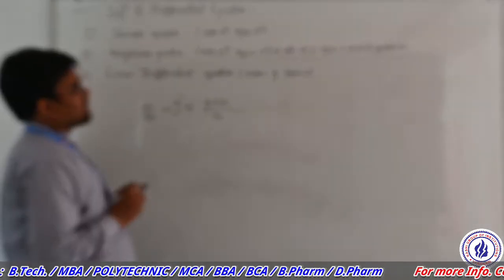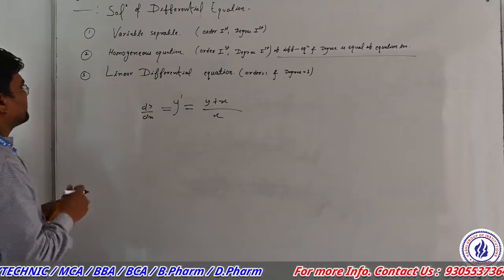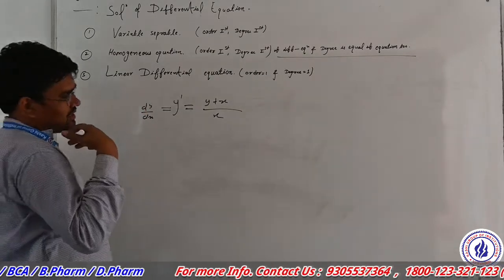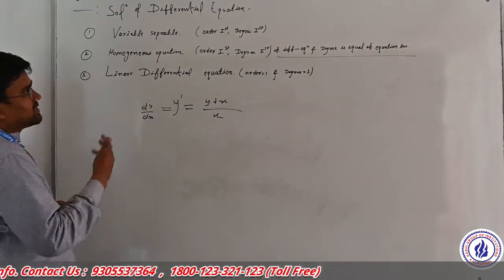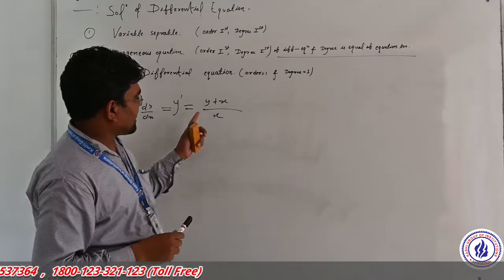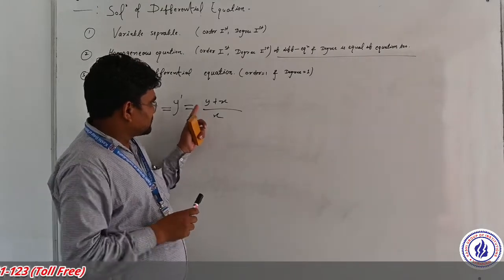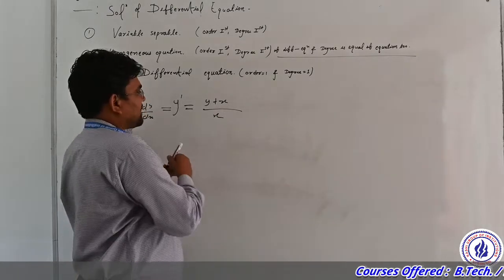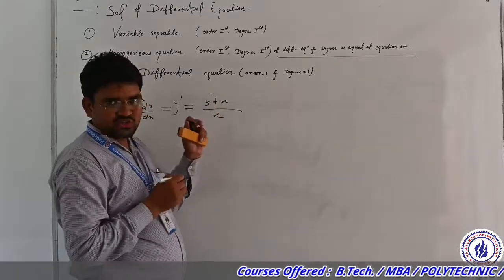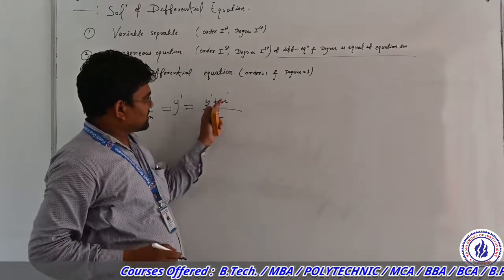So I am applying the second key point here. I am interested in checking the numerator and denominator degree. Here it is a linear equation, x and y both have degree 1, and the denominator also has degree 1.